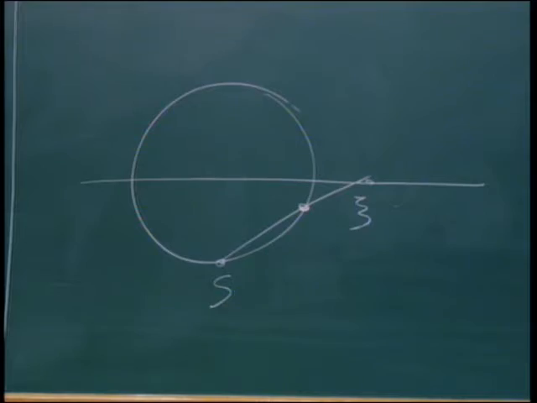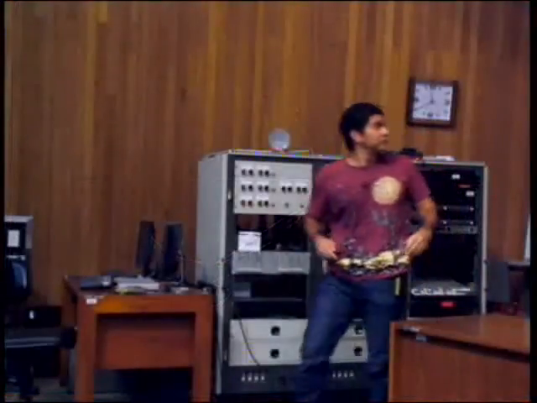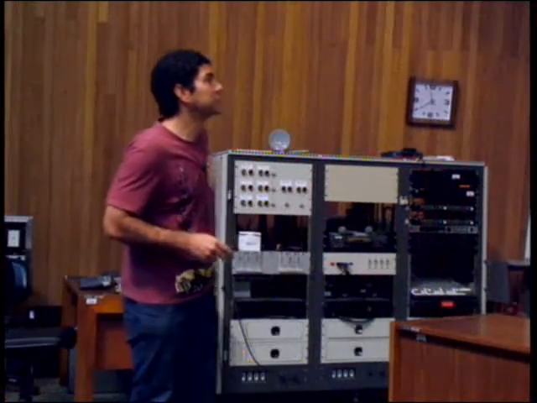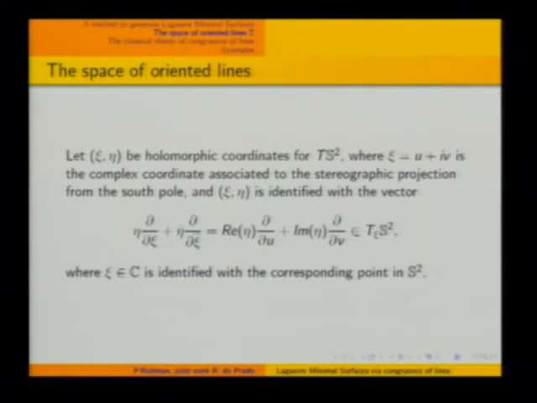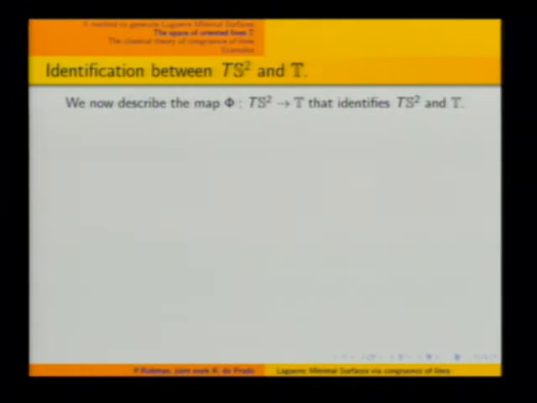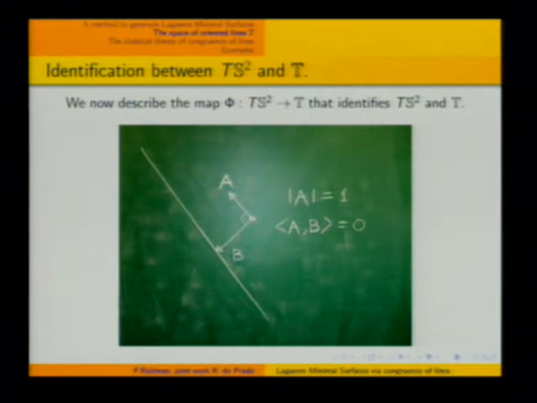And I'll write tangent vectors like this, okay? I hope it's clear. So this is the map. I was not sure I'd have a blackboard, so actually it's the same picture.